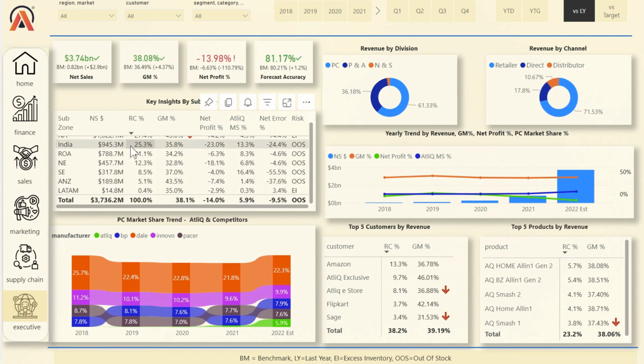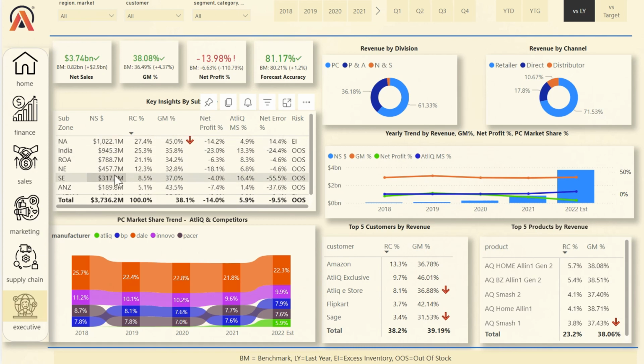Let's talk about the revenue contribution now. So looks like North America does have the highest amount of revenue contribution, followed by India. So this revenue contribution is also the contribution of the revenue from different zones for the Atliq company.